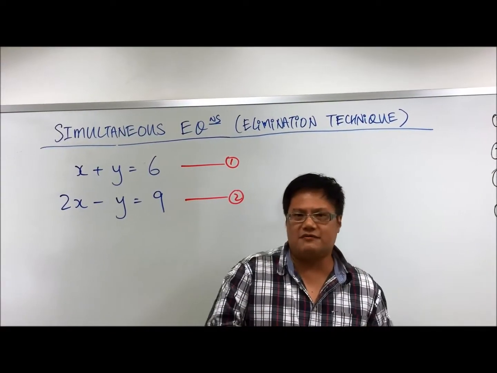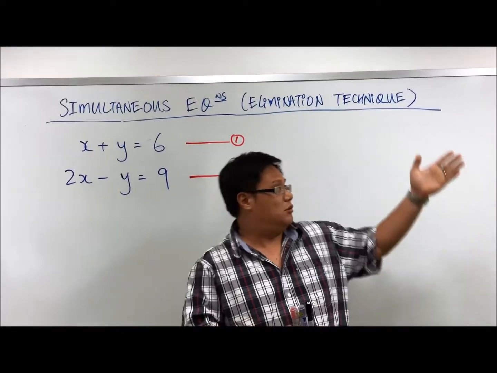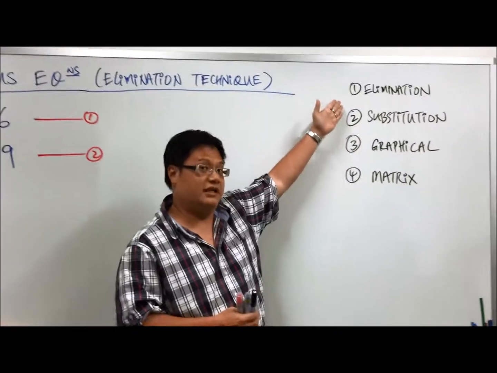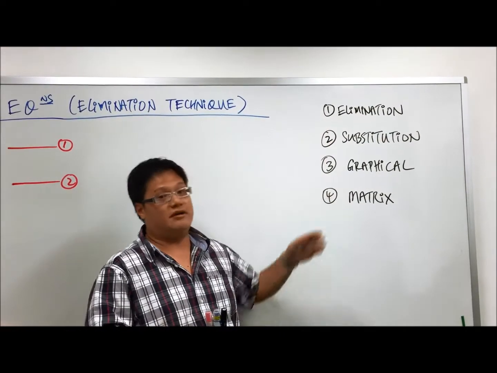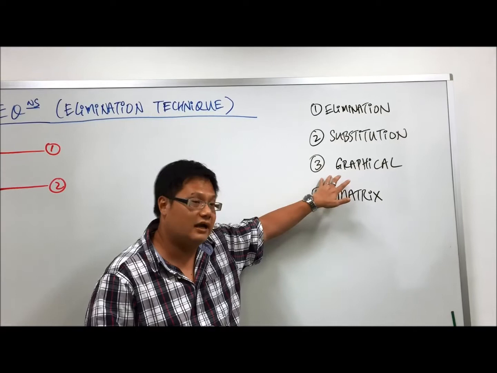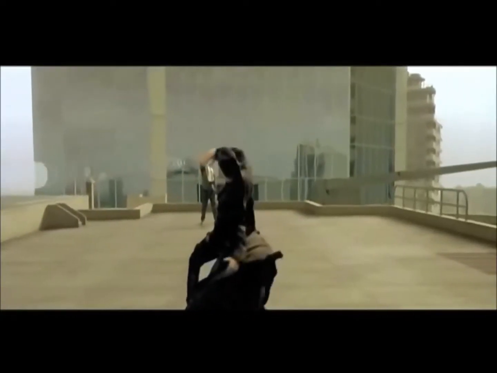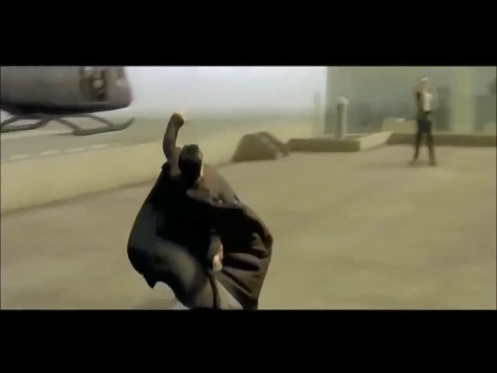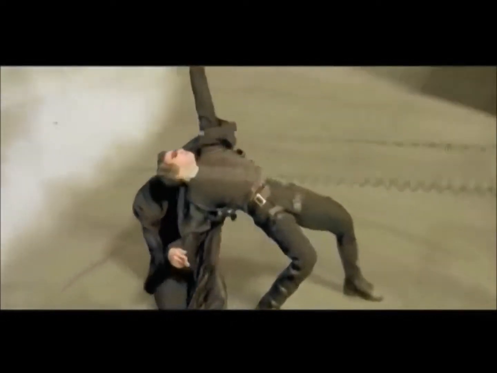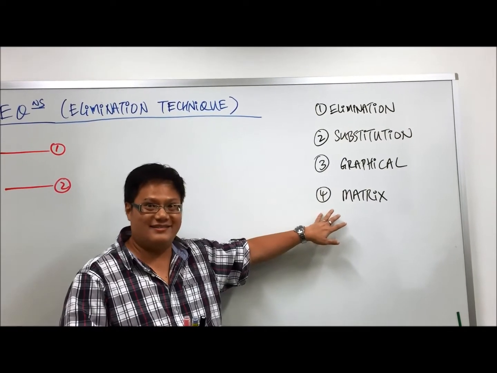To solve a pair of simultaneous equations, there are many different techniques. For example, you have the elimination technique, the substitution technique, the graphical technique, and of course the matrix technique.